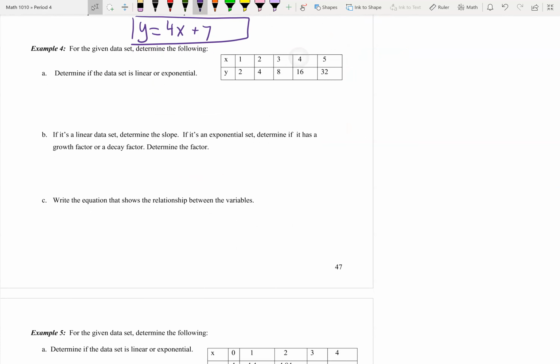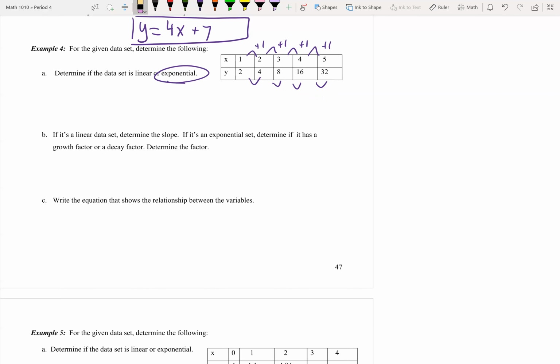Okay, let's do number 4. Up 1, up 1, up 1, up 1. Let's do the bottom. Up 2, up 4, up 8, up 16. Is it linear? No. So now we know it's exponential. Now, I don't want you to think about it as what you're adding.